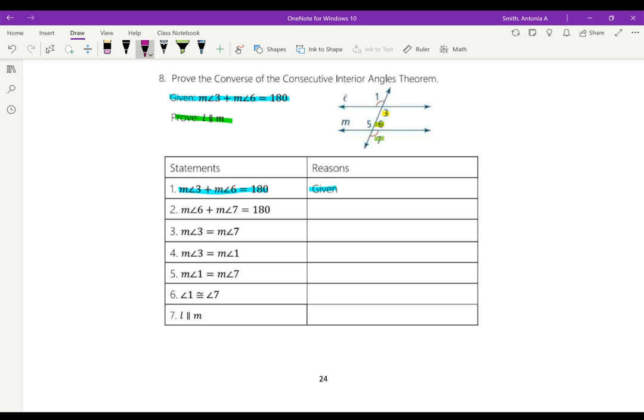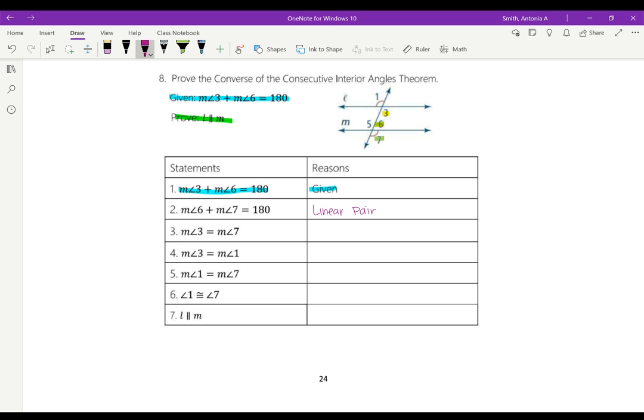They're right next to each other, so they're adjacent. And together they form a straight line. So what do we call those kinds of angles? They are linear pairs. Okay. So these are linear pairs, which means that they add up to 180, which is exactly what this statement is. So now we're jumping to number 3.